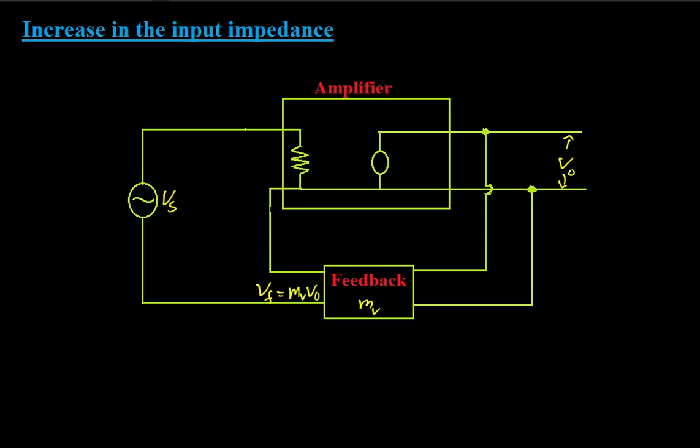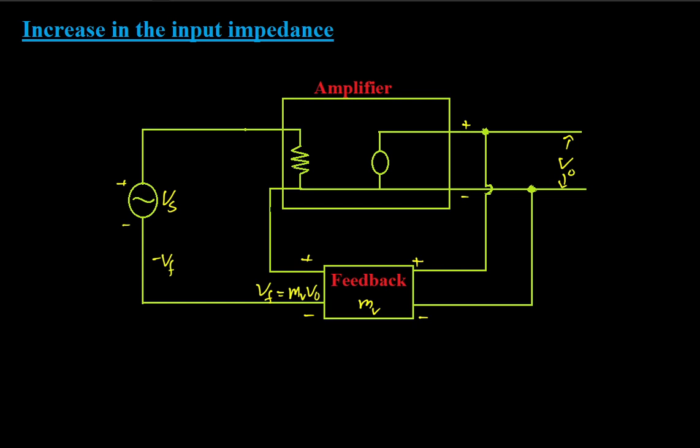It is a negative feedback, meaning that if here we have a positive, here we have a negative, so here also it is negative, and this is positive. So at the signal source, this is positive and negative, and minus Vf appears at the input.